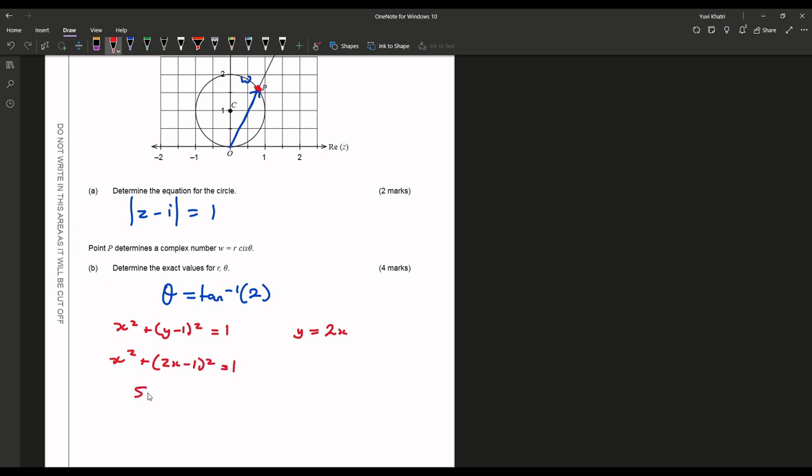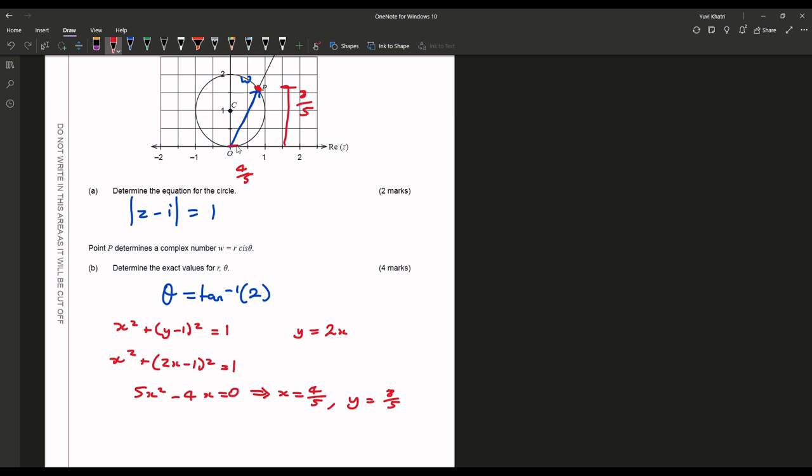And simplifying, we get 5x squared minus 4x equals 0. And from there we get x equals 4/5. And if we sub this into this, we get y equals 8/5. So its x-coordinate is 4/5, and its y-coordinate is 8/5.